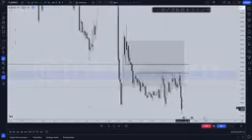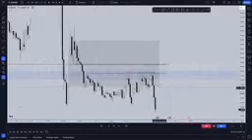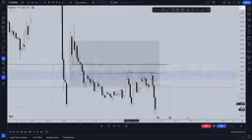So we have been dumping straight from London Open. We closed below all of those bullish fair value gaps here, right? We closed below this order block here, we closed below this order block, and we have seen displacement, and we also created this bearish fair value gap here, right?